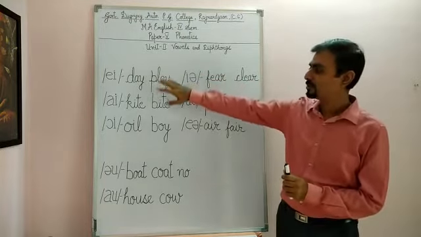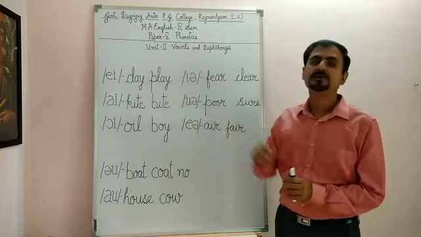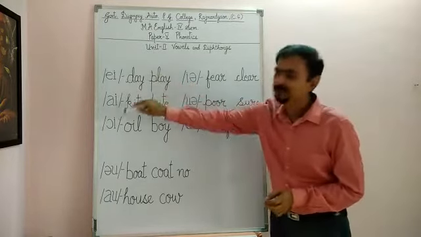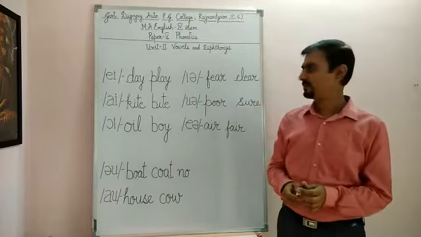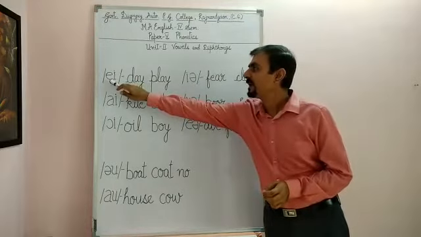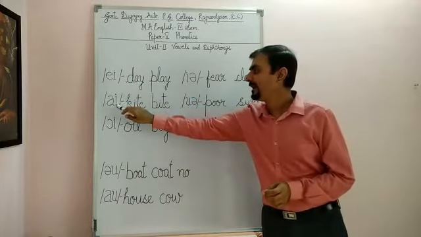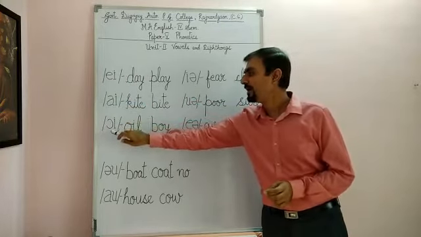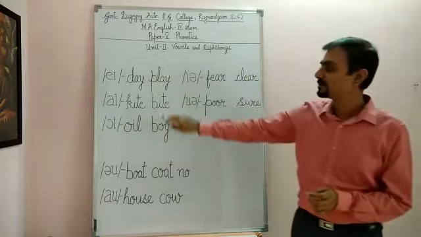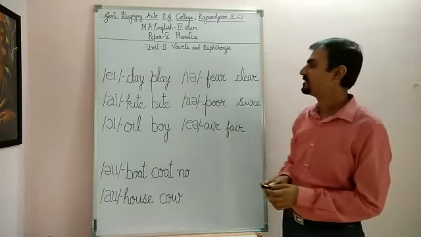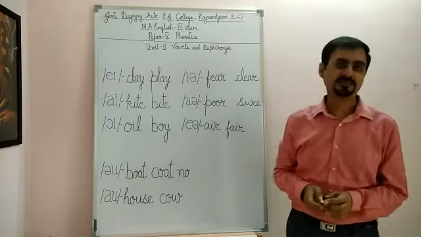So you can see that these three have a similarity, that is their second element is common. They start with E and end with I, A and I, O and I. Three of them altogether are similar in a way that the second element is common in them.